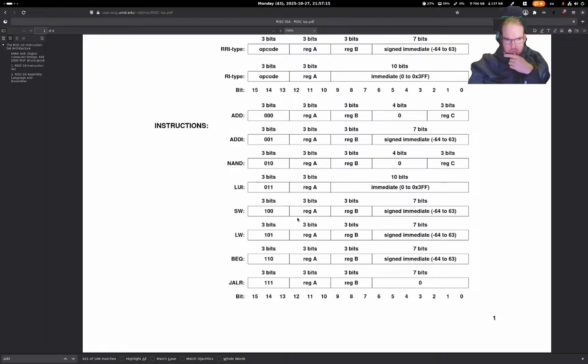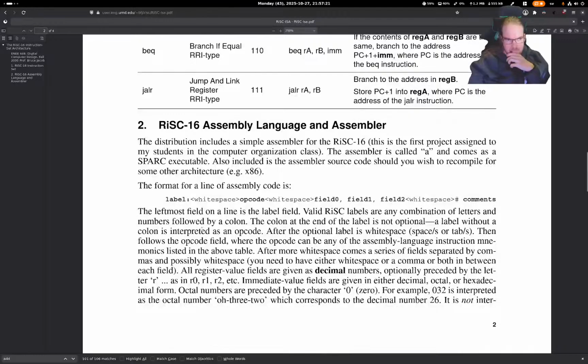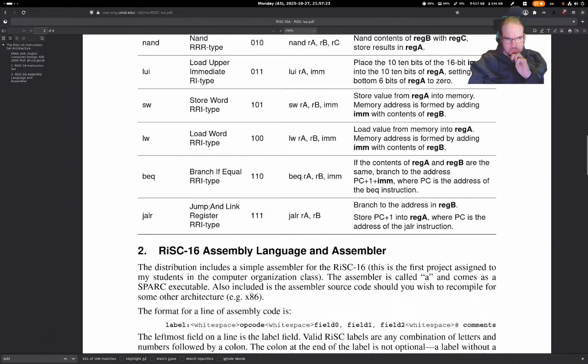Jump and link: branch to an address in a register. Branch to register, store PC plus 1 into register. Okay.